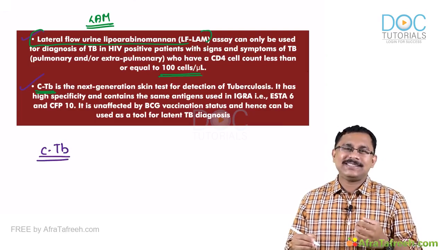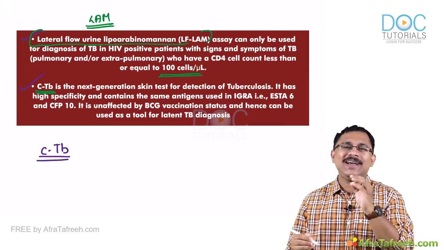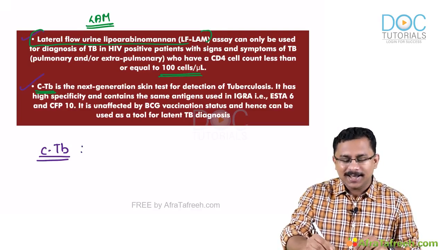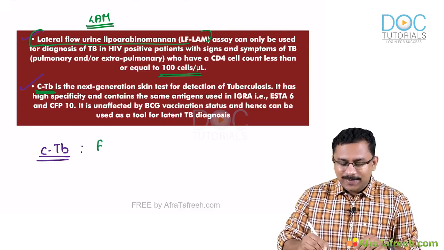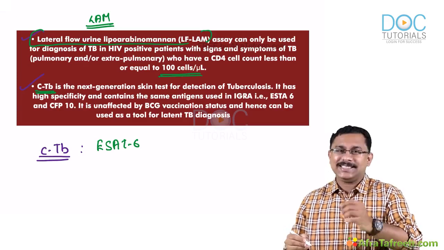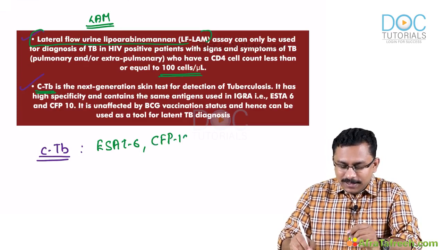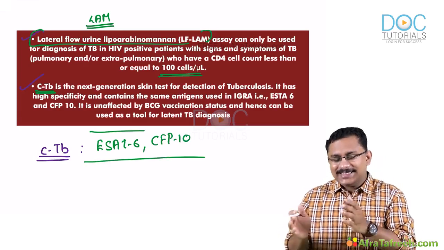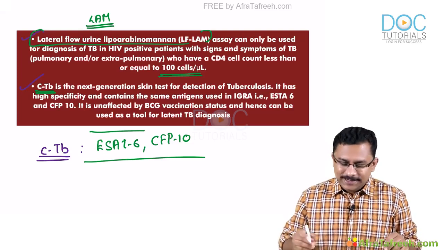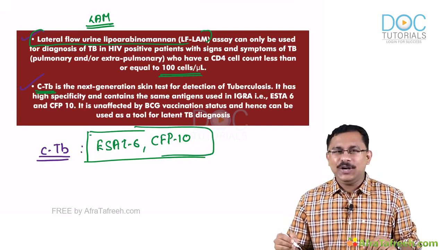The only difference is that instead of the purified protein derivative, that is your PPD RT23, the antigens used in this intradermal skin test are the same antigens used in the interferon gamma release assays, that is ESAT6 and CFP10. Some say ESAT6, some say EST6, it can be used both ways. So these two antigens are used, and again you are looking for the induration.